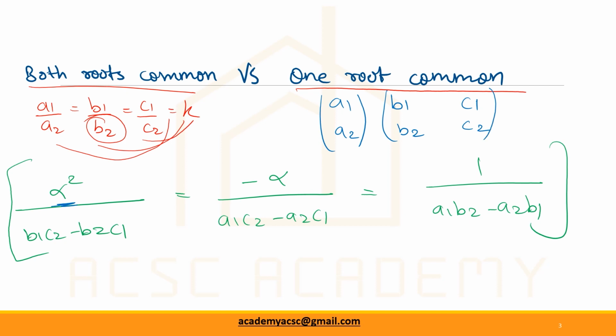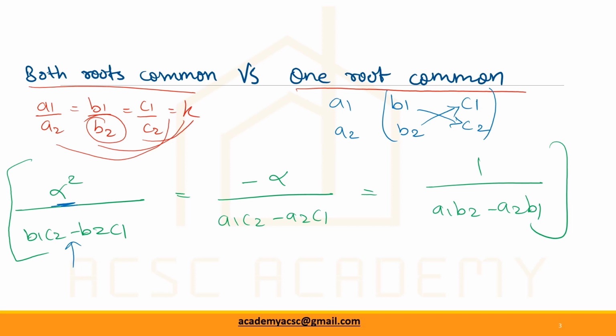And from them, you will take the cross multiplication b1c2 minus b2c1 from downwards to upwards. So that's how we get this particular term. And then moving to the second term, here we have got minus alpha. Why do we get a minus over here? We'll just see.